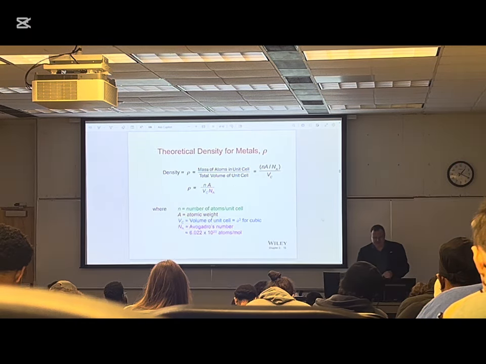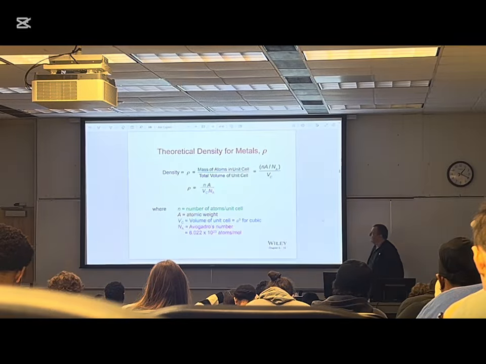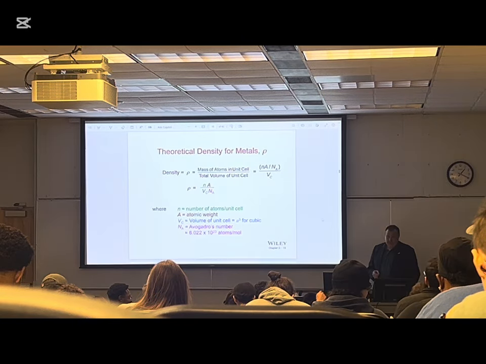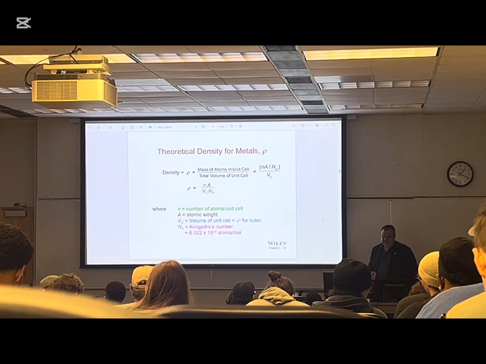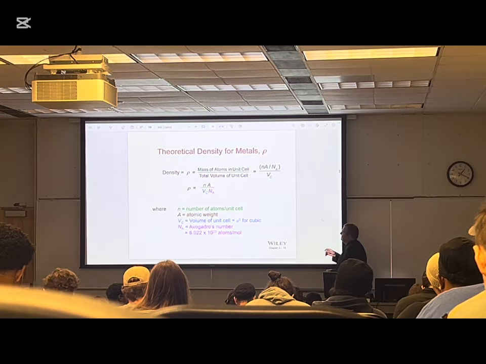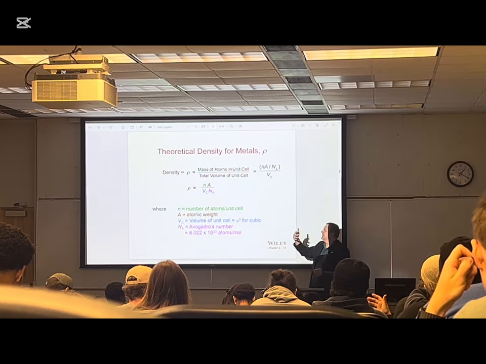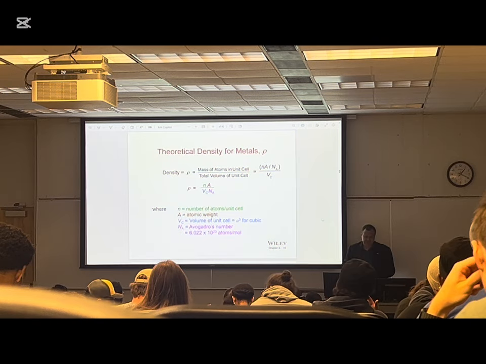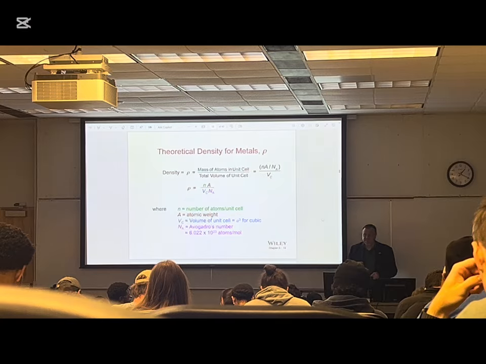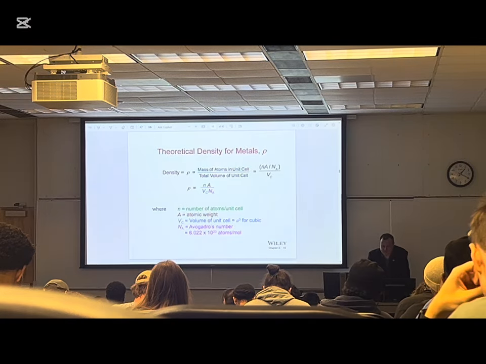Okay, now let's do this problem of calculating the theoretical density of a metal. The density is the mass of all the atoms in the unit cell divided by the total volume of the unit cell. How can we break it down?